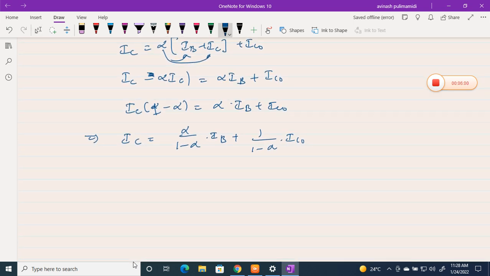Let us assume alpha upon 1 minus alpha is beta.